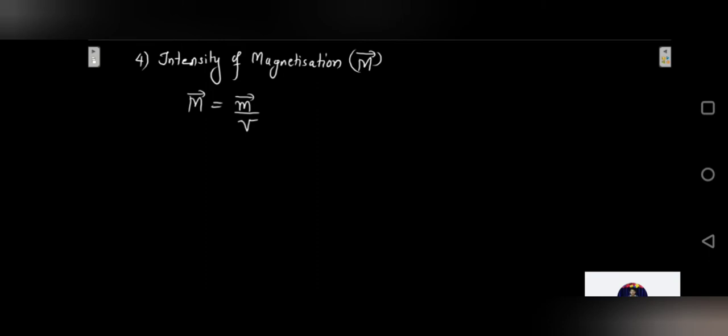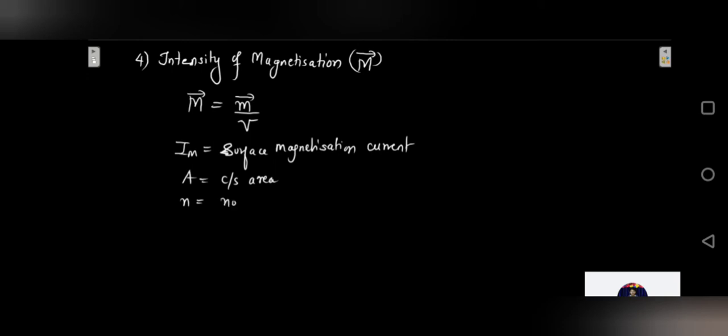Okay, so now if Im is the surface magnetization current set up in a solenoid or a toroidal solenoid, let's say that A is the cross sectional area of that solenoid, and N is the number of turns per unit length of the solenoid.